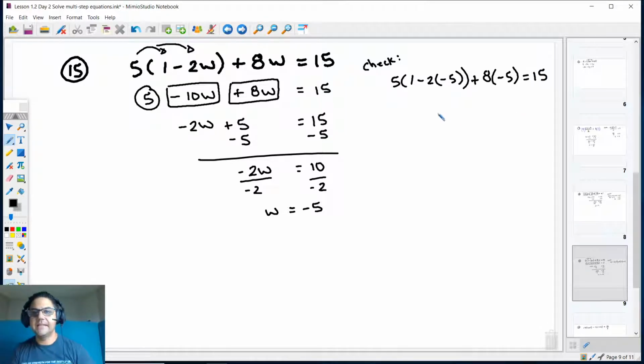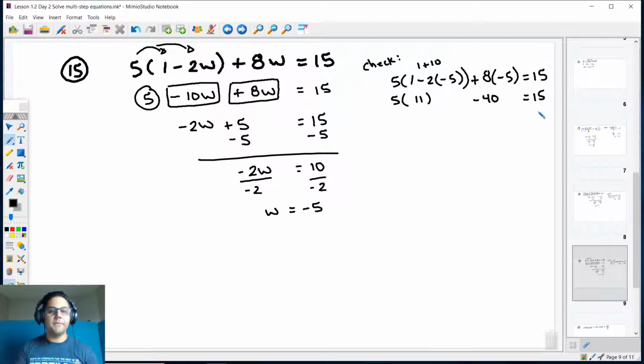All right, so trying to clean this up here. I'm going to keep the 5 the same. And this is really 1, and then negative 2 times negative 5 is 10, right? So it's really meaning 1 plus 10, which is 11. And then if you want to multiply this one right here, you can, which is going to be negative 40. So this one being a much more complicated problem, I might have to show a little bit more work on my check.